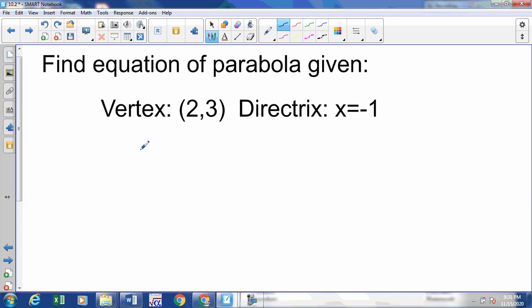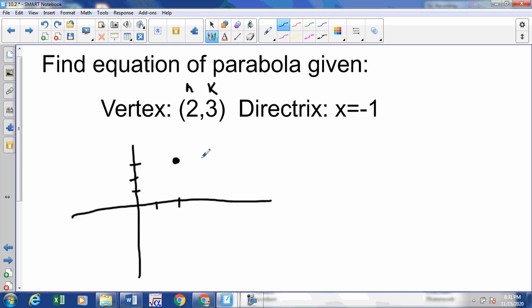First, draw a picture. My vertex is (2, 3). This will be my h. This will be my k. And my directrix is x equals negative 1. So right away, I can determine my p is 3. I don't even need to really find my focus.